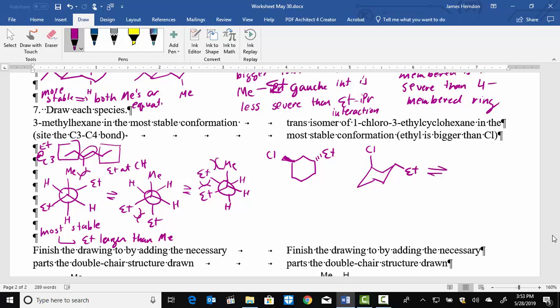Let's ring flip this. Okay, and when we do this, we get chlorine now equatorial and ethyl axial. This statement here, ethyl is bigger than chlorine, tells us that this one is going to be more stable.